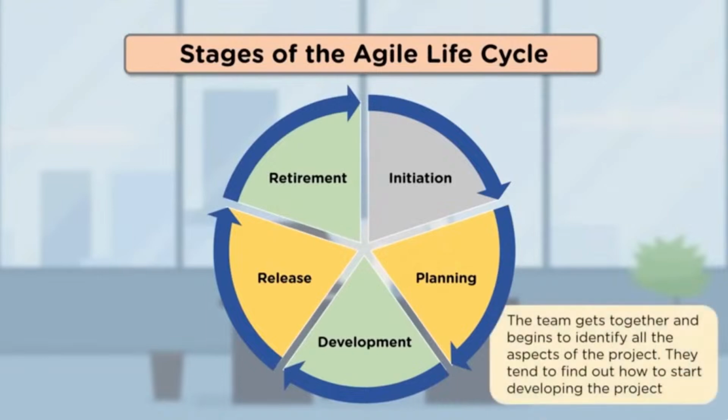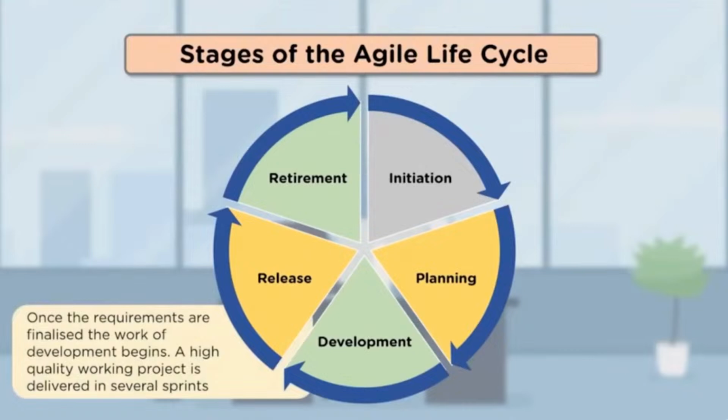The second stage in the life cycle is the planning phase. In this phase, the team gets together and identifies exactly what they are looking for. They make a firm plan of how to make the project a success. In this phase, the risks are estimated and the milestones are developed with an initial release plan.